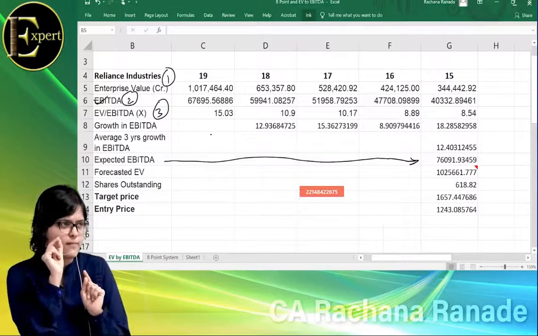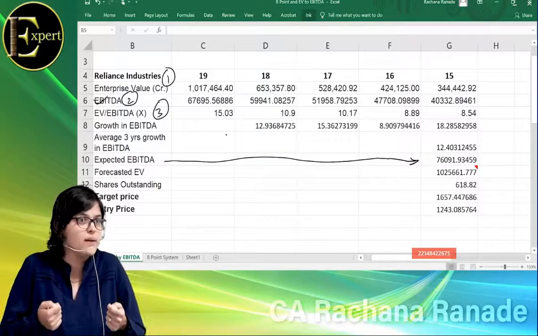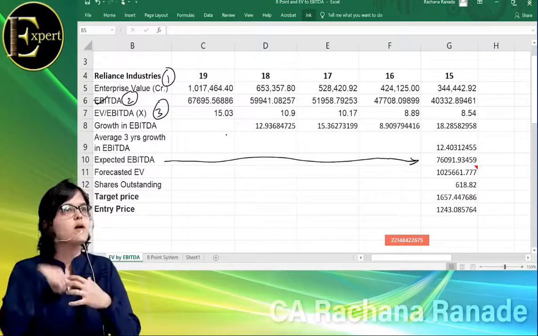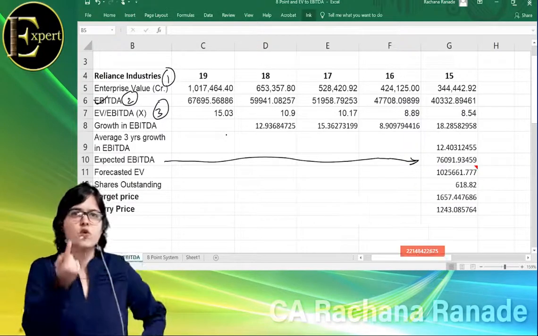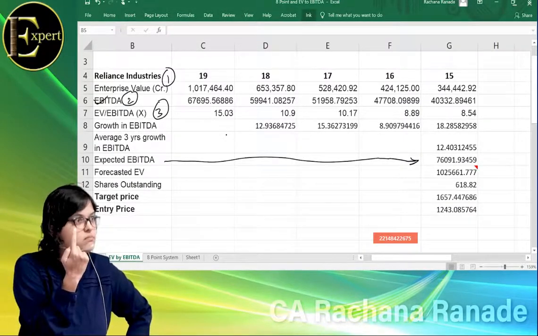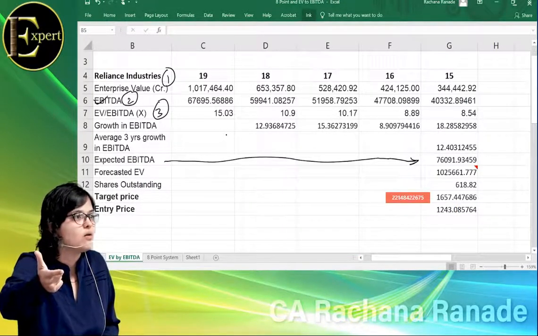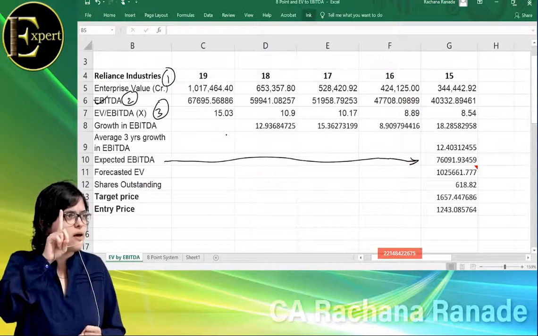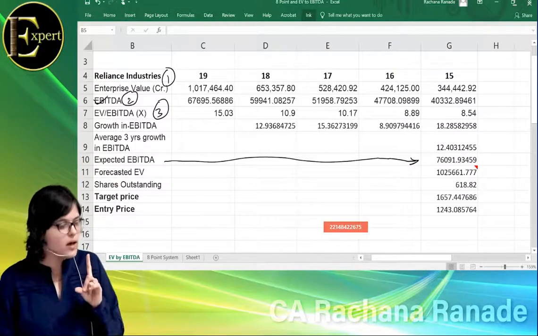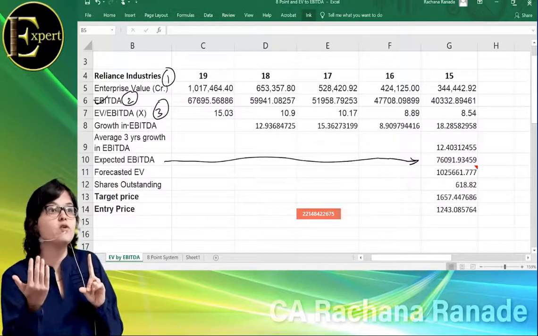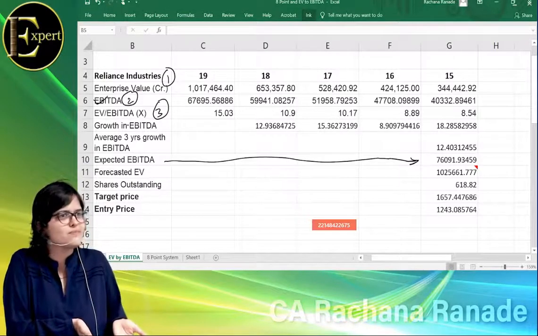Yes? One last and quick time. Quickly tell me, what is EV by EBITDA? How much times of earnings I am ready to pay to buy out the company? See, at year ended 19, I am saying that if your EBITDA is 1, I am ready to pay you how much to buy out your company? 15. 15 times of EBITDA, na?